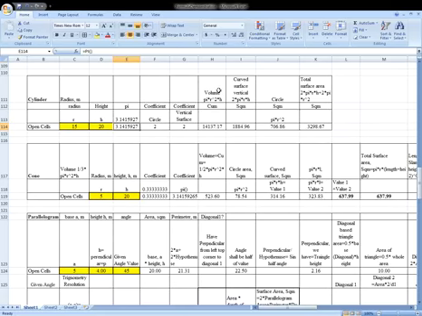Pi r square h is the volume. For the curved surface vertical area, the coefficient is 2 in 2 pi r h. 2 pi r is the circumference, and h is the height. So the coefficient is 2. Now what's the volume? Volume is pi r square h.